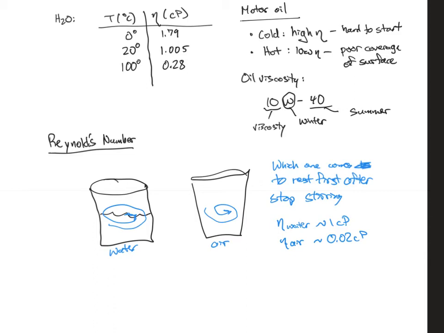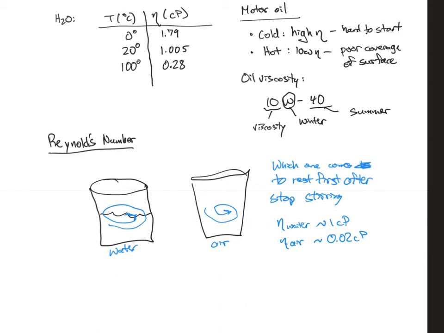So there are two conflicting things that you've got to think about in this conundrum of whether the water or the air will come to rest first after we stop stirring. The water has the higher viscosity, so that would argue that the viscosity tends to slow things down, so you'd think because of that it's going to come to rest first.